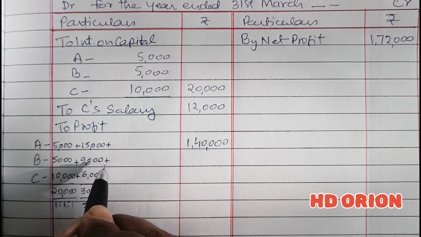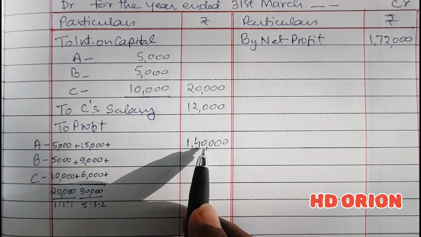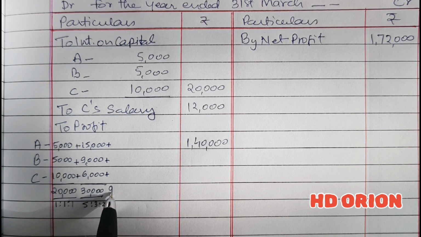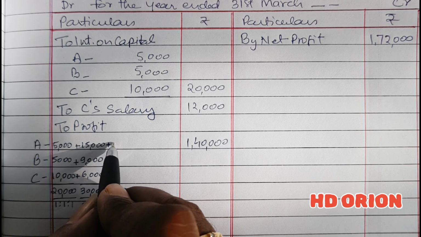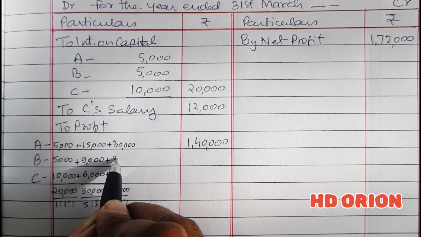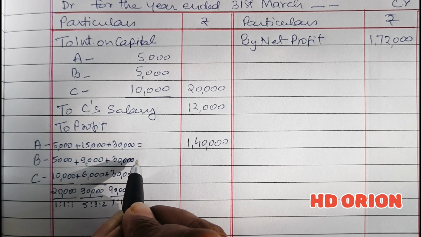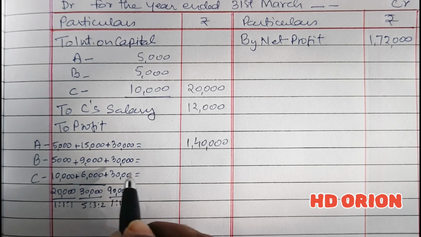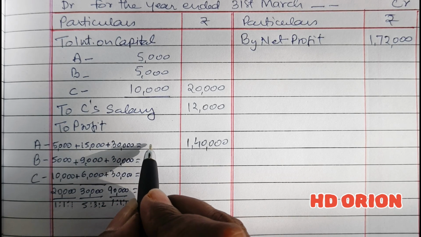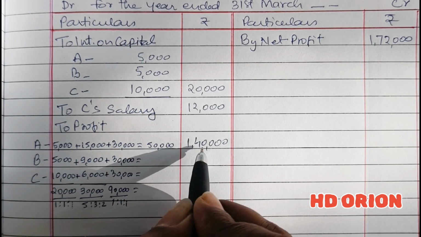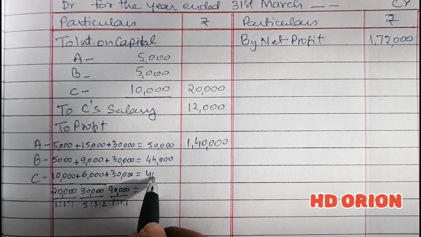Then 50,000 has already been distributed, so out of 1,40,000, the remaining is 90,000. When you divide 90,000 equally, that is 1:1:1, each partner will get 30,000. So this way we have to allocate the distributable profit. In this way, A gets 5,000 plus 15,000 plus 30,000, that is 50,000 rupees out of 1,40,000, B gets 44,000 rupees and C gets 46,000 rupees.